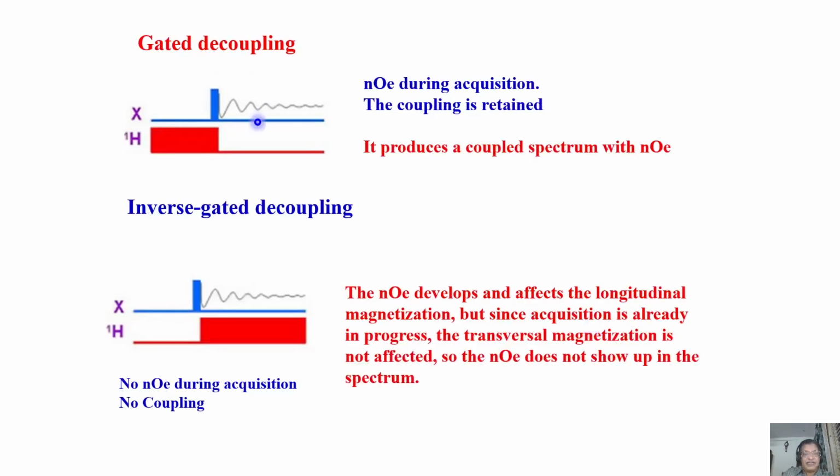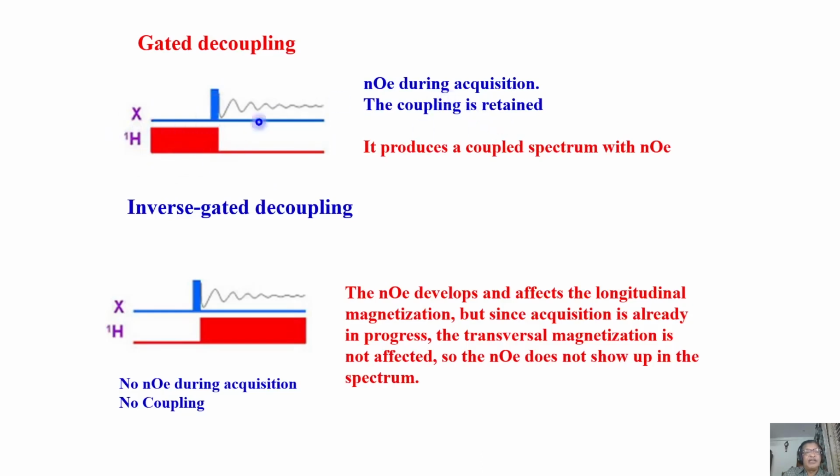Another is called gated decoupling. In gated decoupling, I apply power only during the relaxation time and no power at the time of acquiring the data. This is the X nucleus, carbon. I'm collecting the signal in the carbon channel and no decoupling is done at the time of acquiring the signal. Only before the pulse, during the relaxation time, I am applying RF power in the proton channel.